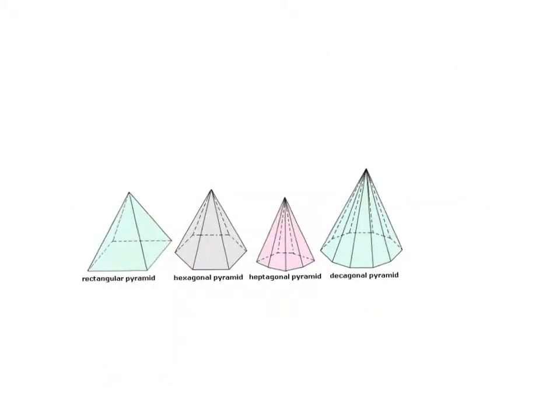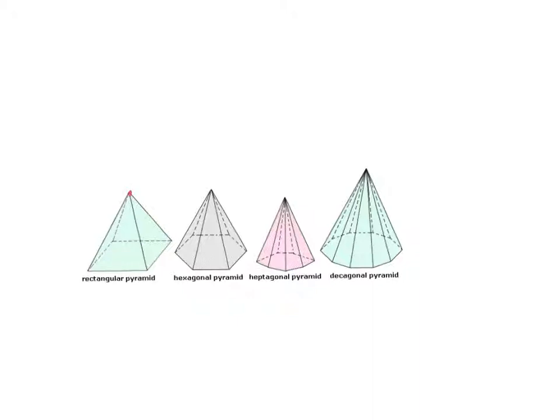Okay, so I spent a lot of time on prisms because a lot of people mix up prisms and pyramids. So what is the difference between a prism and a pyramid? Well, a pyramid is a solid that has a polygon base, just like the prism had a polygon base, but they have 3 or more triangular faces that meet at one vertex.